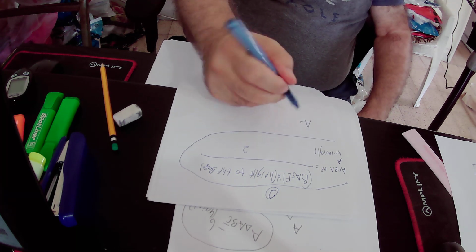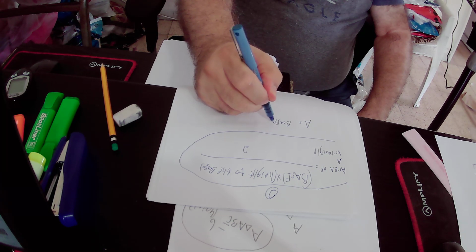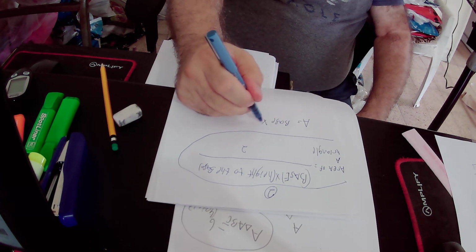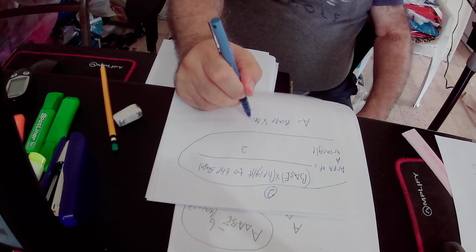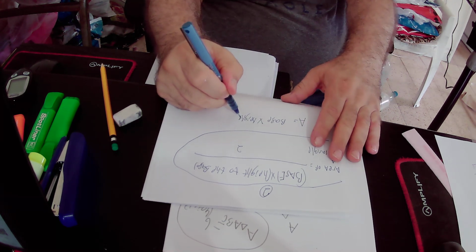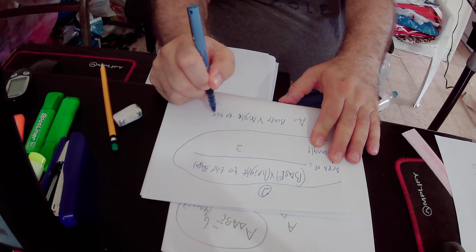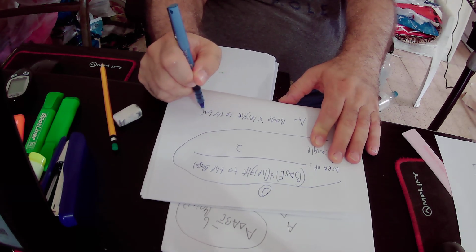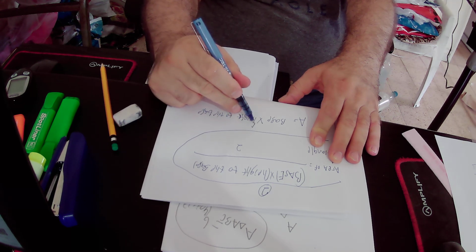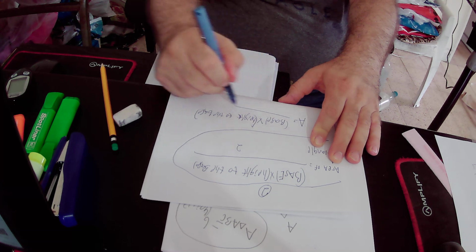A equals the base of the triangle times the height to the base, all divided by 2.